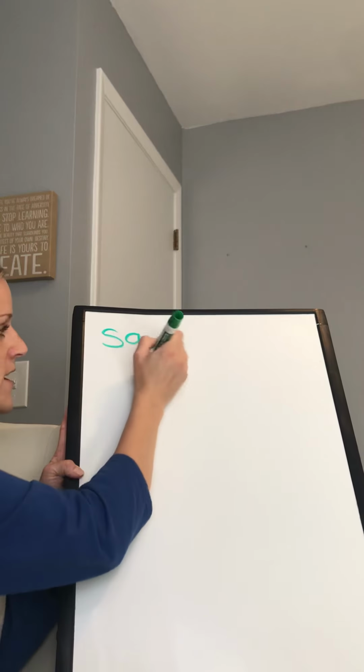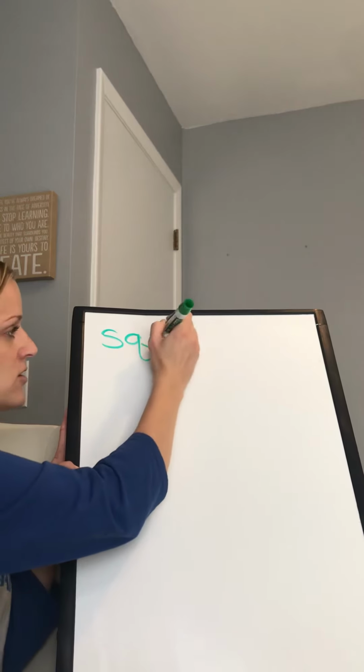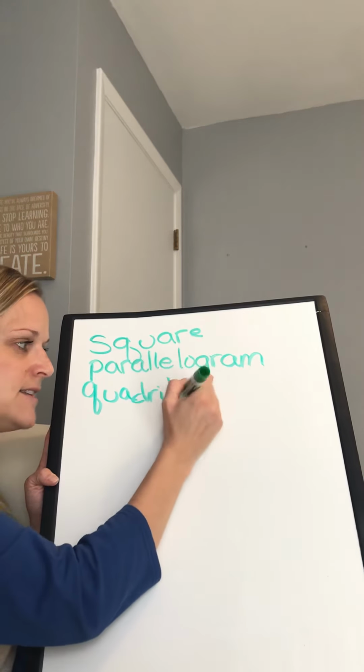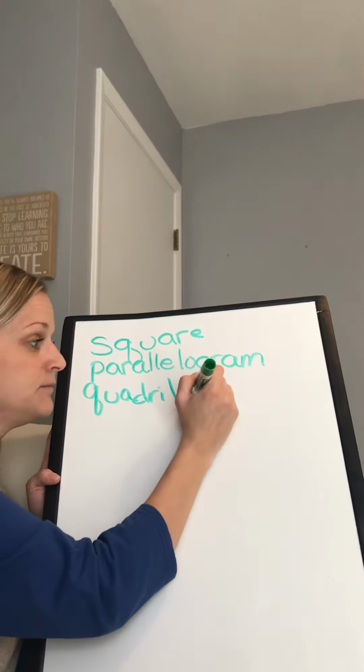So I'm going to turn you around and write these out for you. So a square, we can call a square. We can also call a square a parallelogram because it has two pairs of parallel sides. What else can we call a square? Well, we can call a square a quadrilateral because it has four sides.